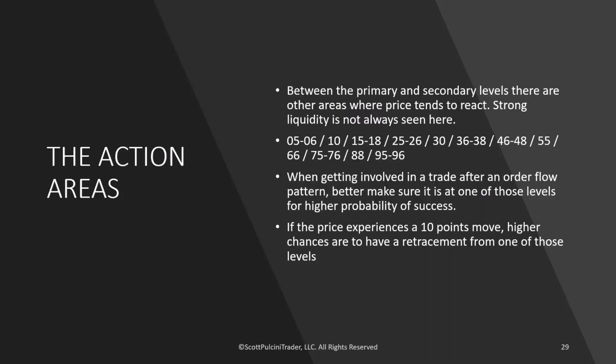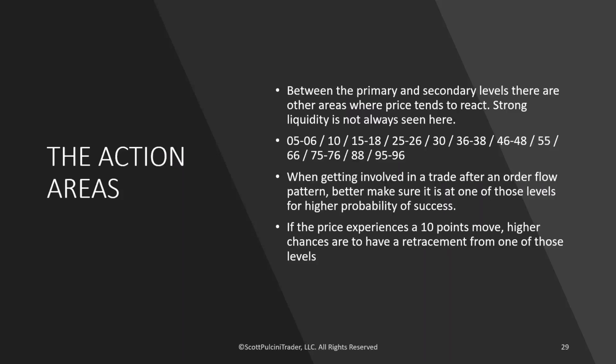There are very small short-term areas, and liquidity is not always seen there. You don't really have to see strong levels of liquidity. Sometimes the price will get there, you don't see any liquidity or very little, but the price will likely react around those areas.